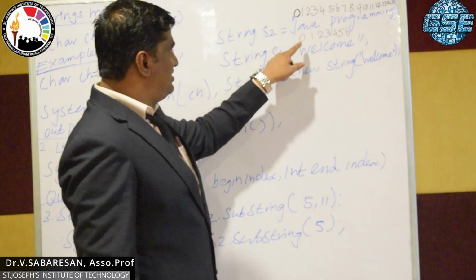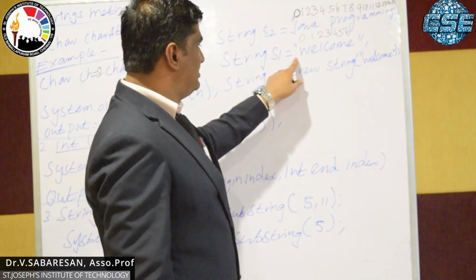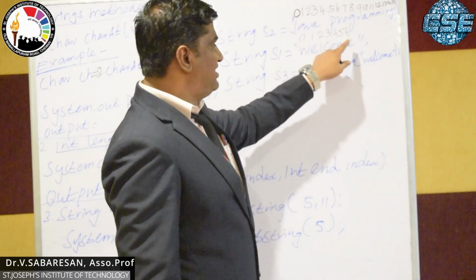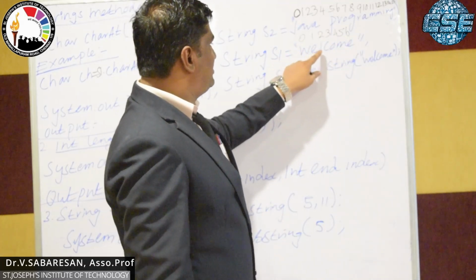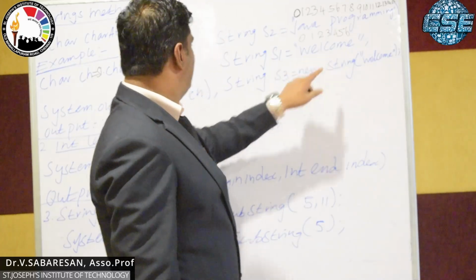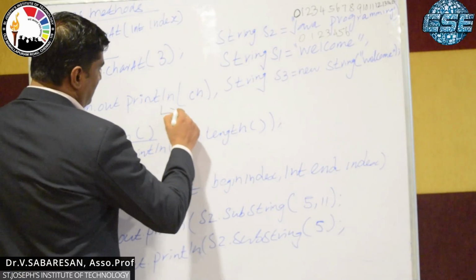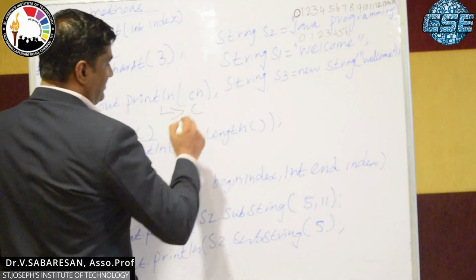The string is arranged like an array, indexed 0 to n minus 1, for example 0, 1, 2, 3. At the third index the value is stored as c, so this return statement returns the value c.